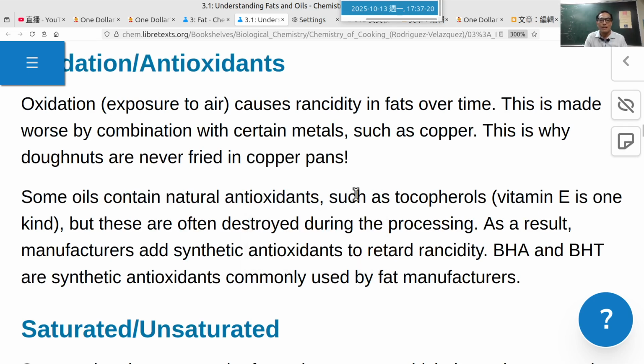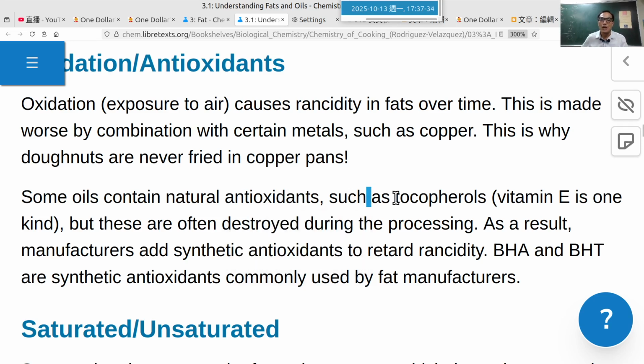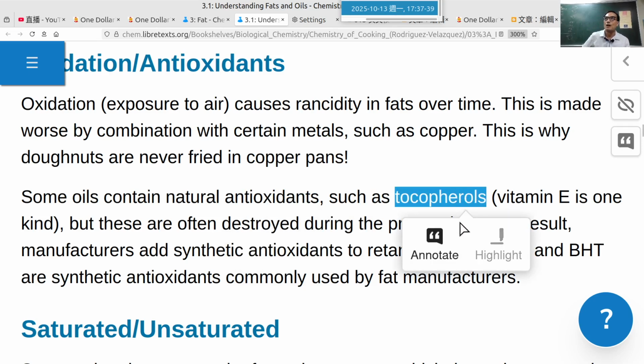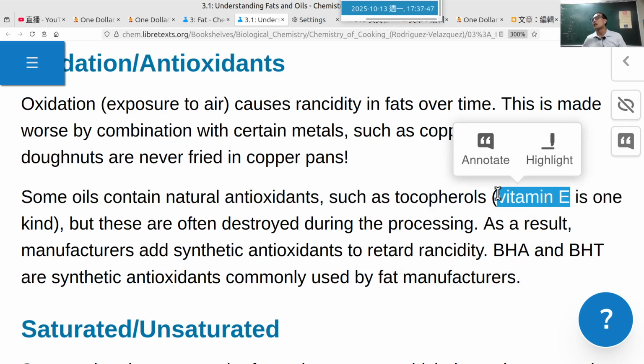What does it mean? The kind of compound, when we read ANTS, it's not about the small insect ant. No, it's about a compound. Antioxidants such as tocopherol. Tocopherol is a scientific name of vitamin E. But actually, vitamin E is not only one single compound.